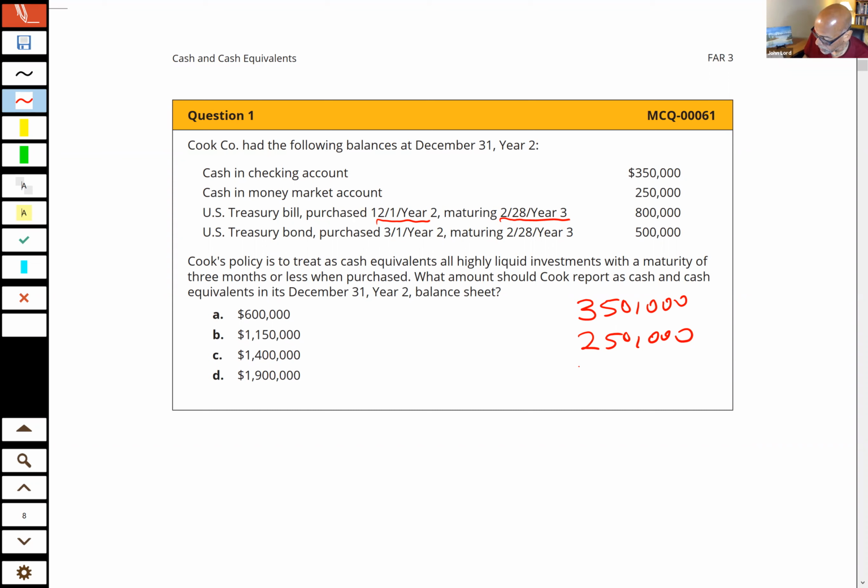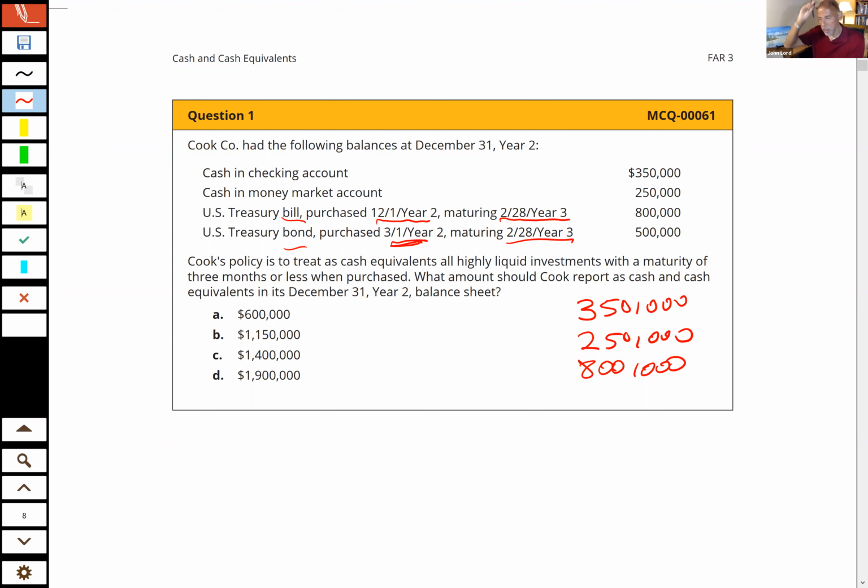So I'm going to pick up that 800,000. This 500,000, they purchased it in year 1, and it's not going to mature in year 2, and it's not going to mature until year 3. This may be the very same, well, I guess not, because they call this one a bill and this one a bond, but whatever. It's not a bond anyway. If it was, I guess it could be a note or a bond.